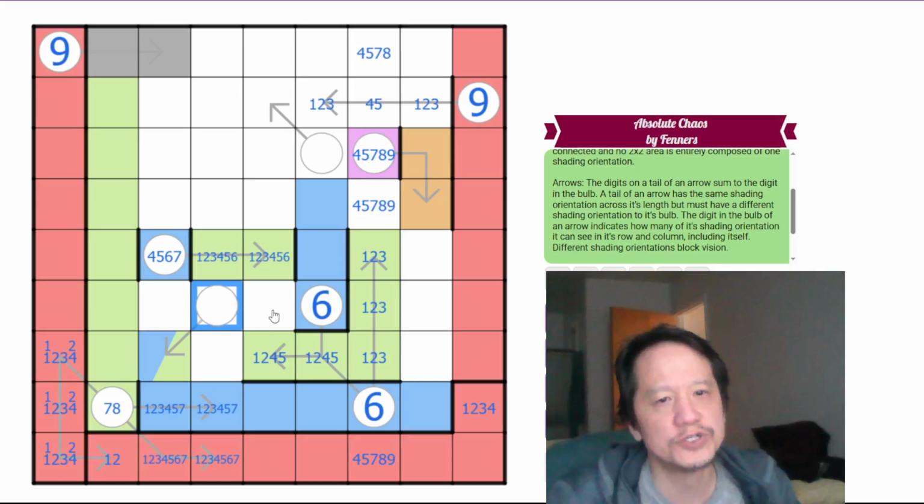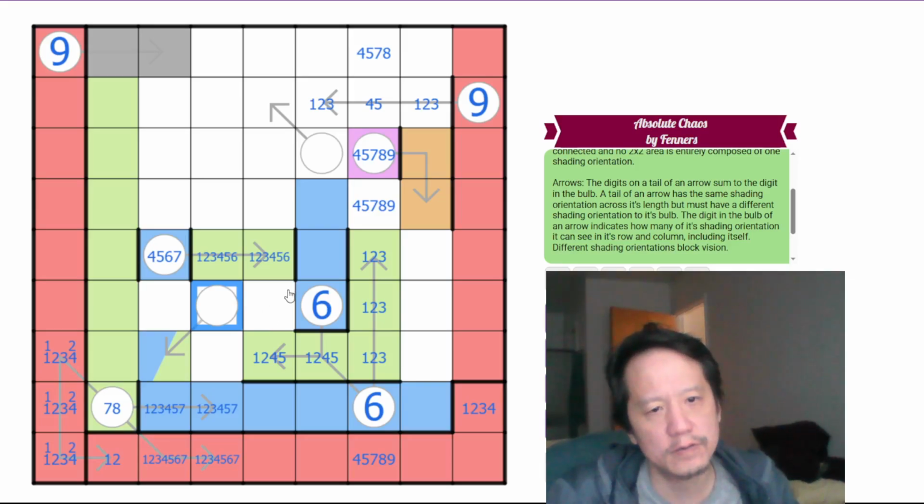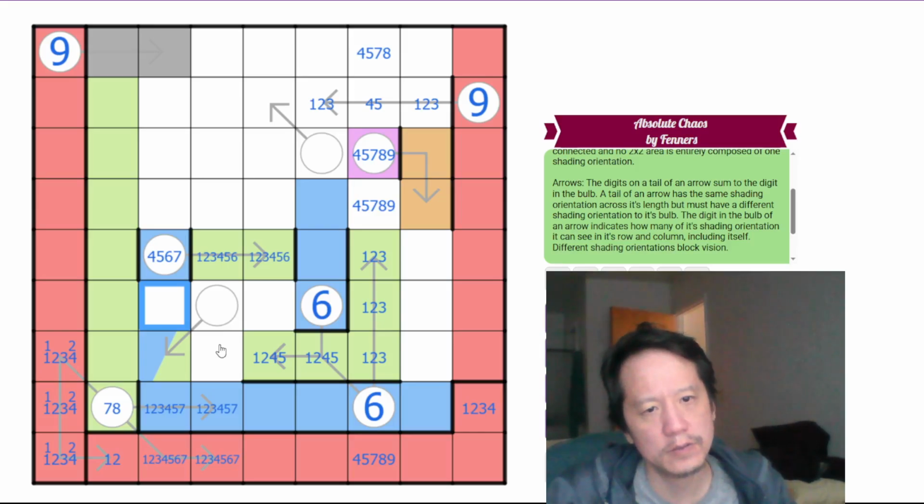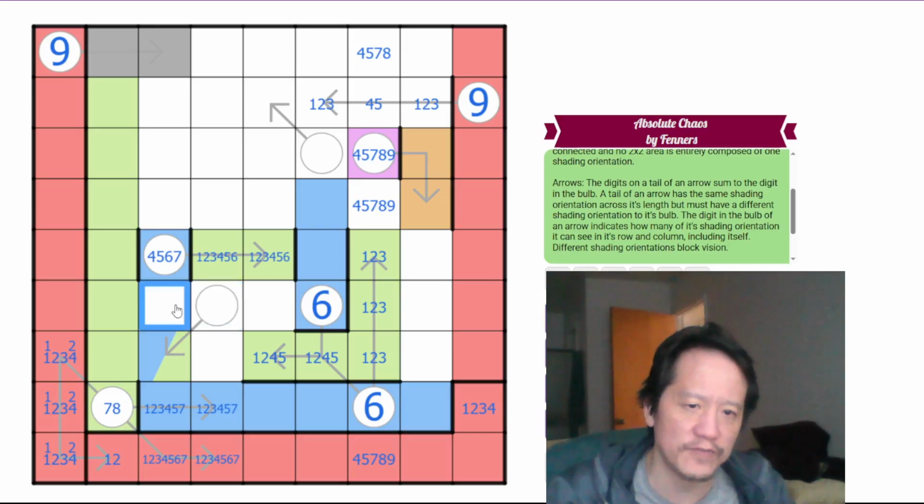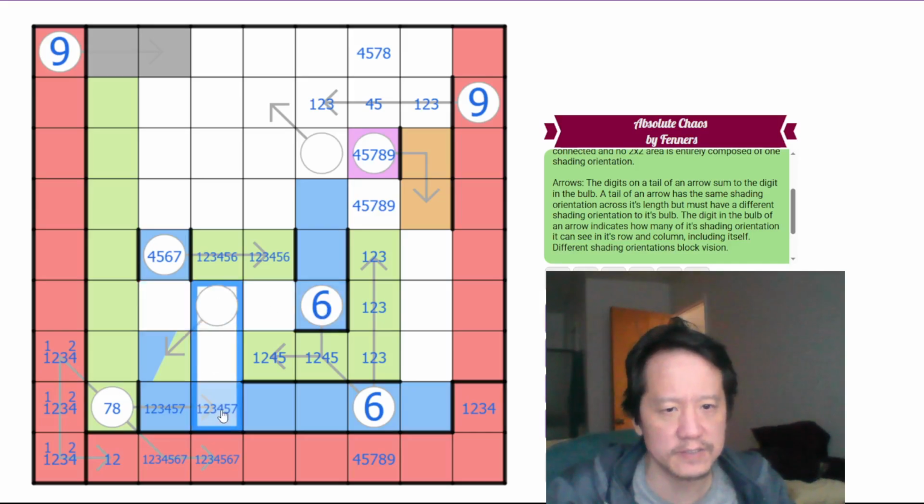Oh, this is interesting. If it's green, this cannot be green. I guess this could be green here. What is this? So if this is blue, it has to be less than 6.